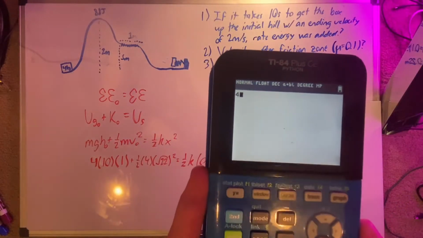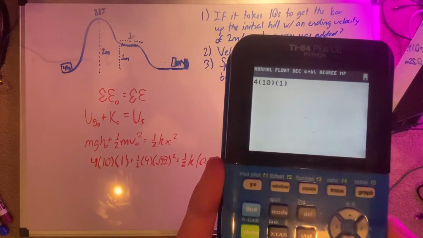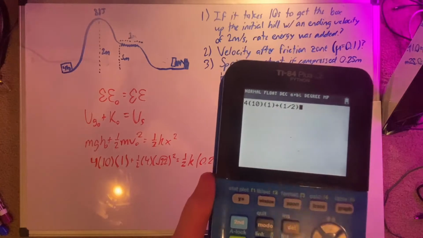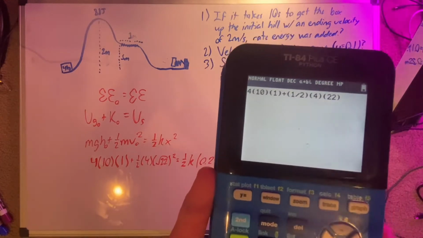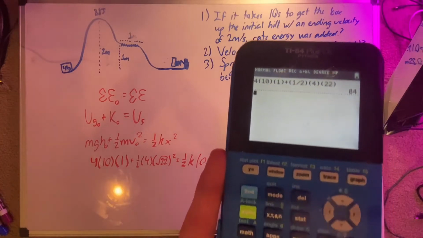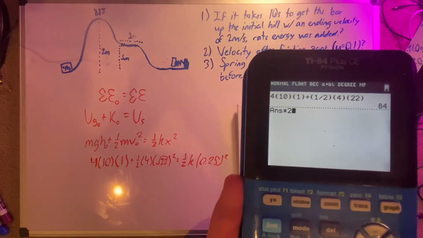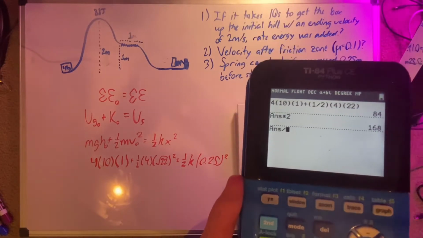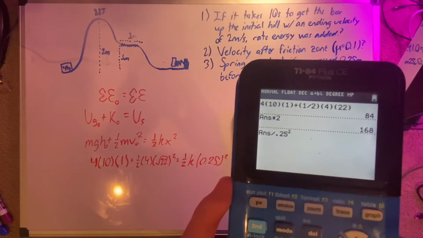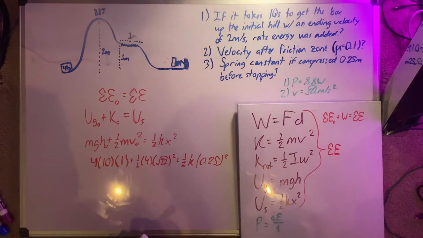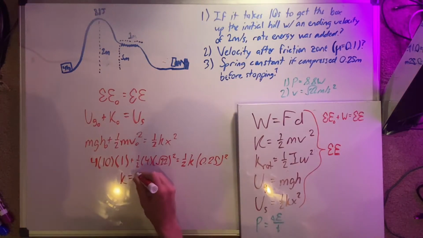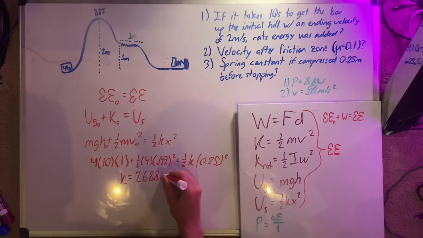We say 4 times 10 times 1 plus 1/2 times 4 times 22, all of that times 2, and then all of that divided by 0.25 squared is equal to 2688. So that means our k is equal to 2688 newtons per meter.